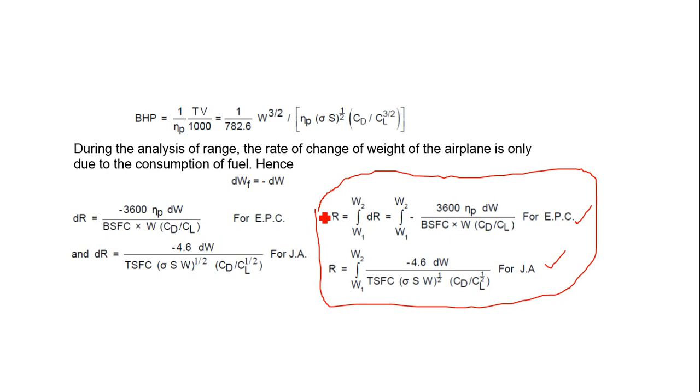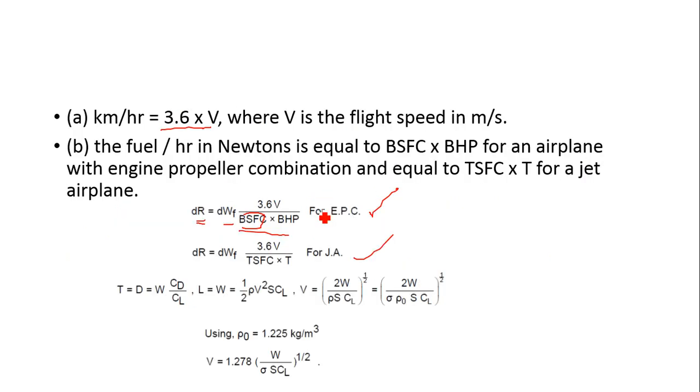For deriving this, we have a thing called thrust, a thing called velocity, and a thing called TSFC, that is thrust specific fuel consumption. If you know the values for these terms, we can easily derive the equation and find the value for the range. Okay, these are general terms.